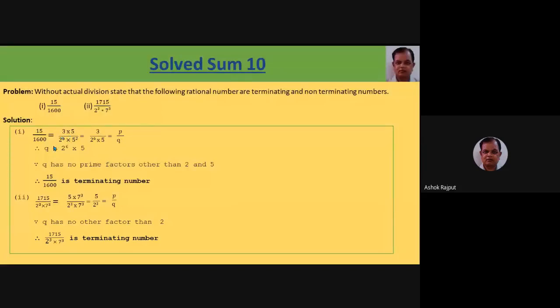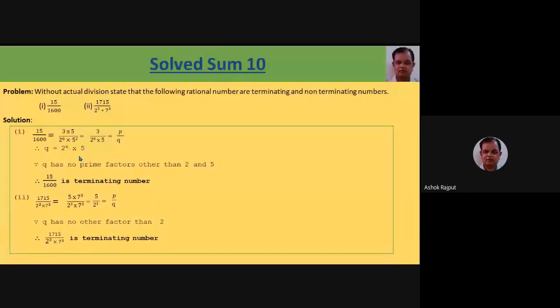15 equal to 3 into 5, and 1600 equal to 2 to the power 6 into 5 to the power 2. Then here we are seeing 5 and 5 one time common, so we can cancel it and write it in this form, 3 by 2 raised to the power 6 into 5, which is in the p by q form, and there is not any factor common.